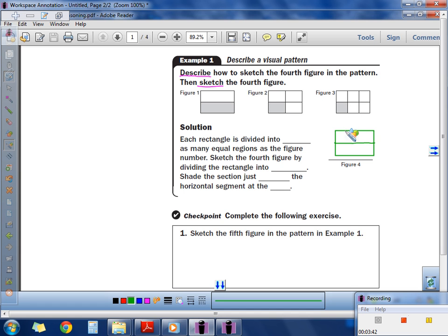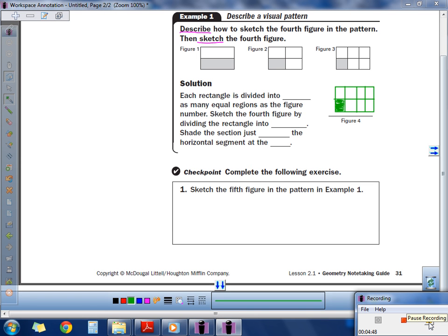This one's going to have 3 vertical pieces. Now the key thing, though, we didn't describe, is the shading. There is a shaded section in each of those. Which one should be shaded? Always shade the bottom left region. And that's a pretty decent picture. Good job.